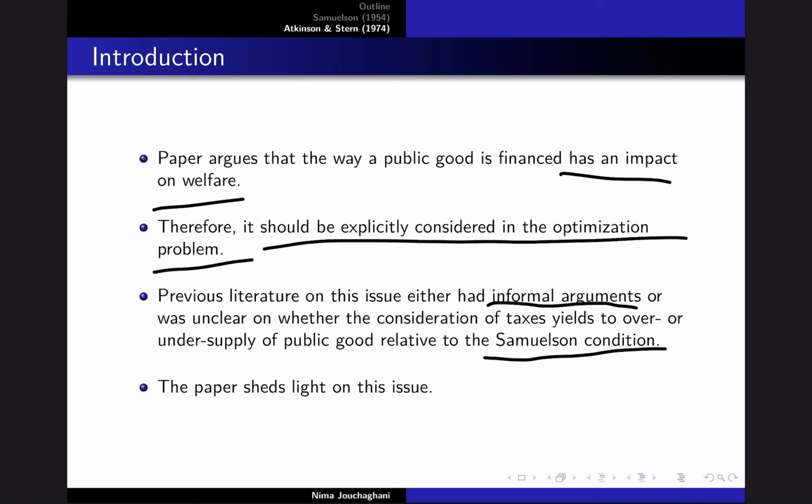So it was not very precise on when the consideration of distortive taxes yields over or under supply relative to the benchmark model in the Samuelson paper. And the paper here is shedding light on this issue.